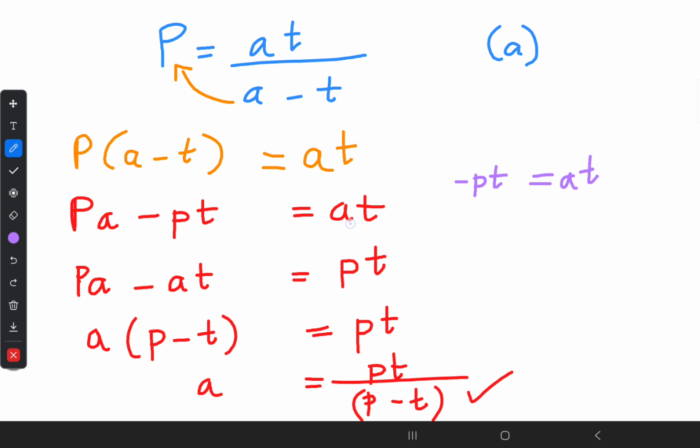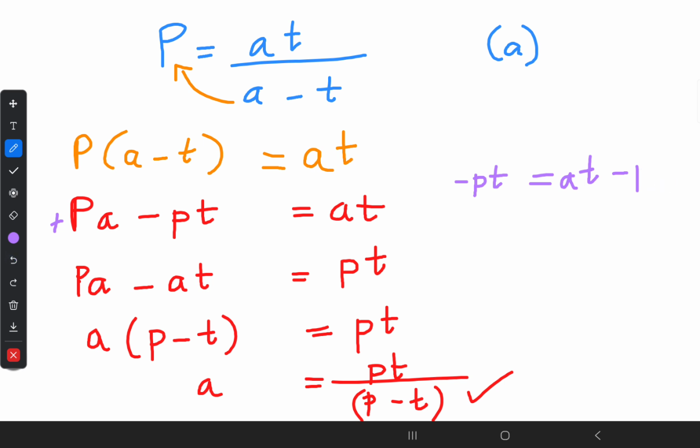Some might think we need to bring this one to this side, that is a suitable one. If not, some students might think we can bring this one to this side, both are suitable. That's why I explained the next method. So I'm bringing this positive pa as a negative pa to the next side.